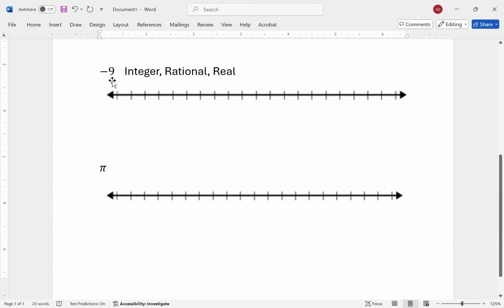If I'm trying to plot -9 on my number line, I may put my 0 value over here just so it's easier to count, and then 1, 2, 3, 4, 5, 6, 7, 8, 9 units to the left. Whoops. Would put me right here. And so that looks like a -9 to me.